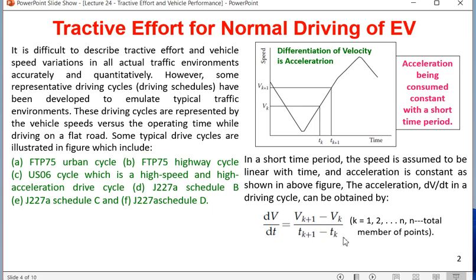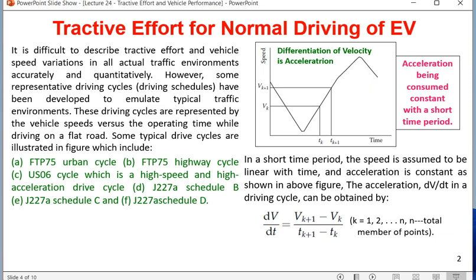Likewise, in different conditions, in this condition you are finding acceleration is quite high. After this point you can find that the slope has reduced a little bit. Here also the vehicle is accelerating, but not as much as between time Tk and Tk plus 1. After this point, which is a downward slope, you are finding that the vehicle is decelerating.